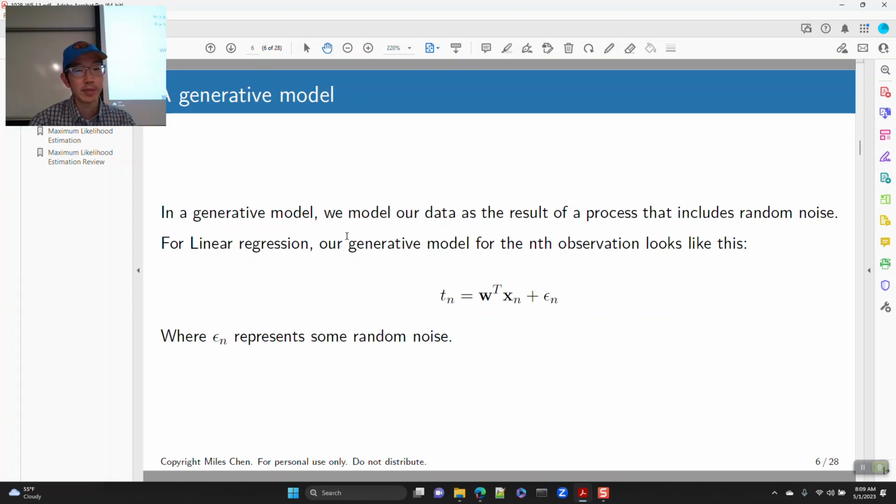And for linear regression, if we use linear regression, we're going to say the actual values that we observe in our data are generated by taking weights, multiplying by our input values, and then adding some random noise. Okay, and again, this is a very simplified way because doing your weights times your input values really only takes into account whatever variables you're looking at in your input, and probably the real life process that ties whatever available input values are to the actual values.